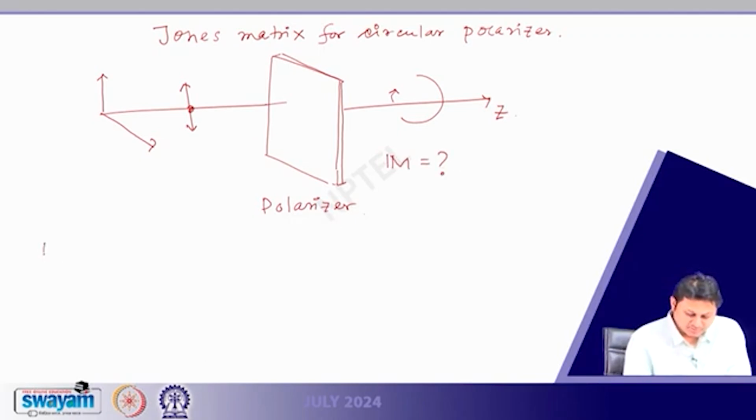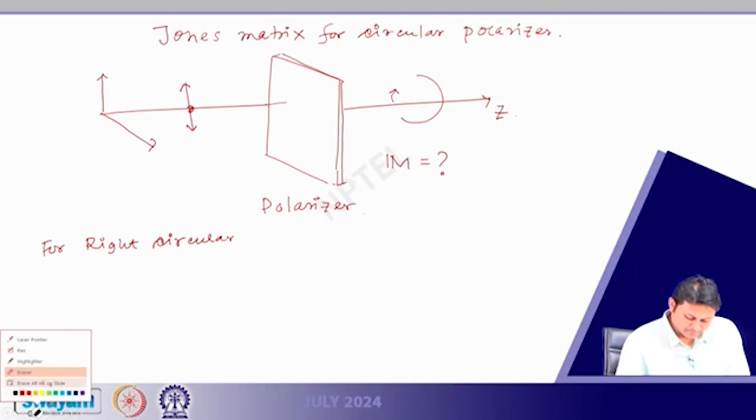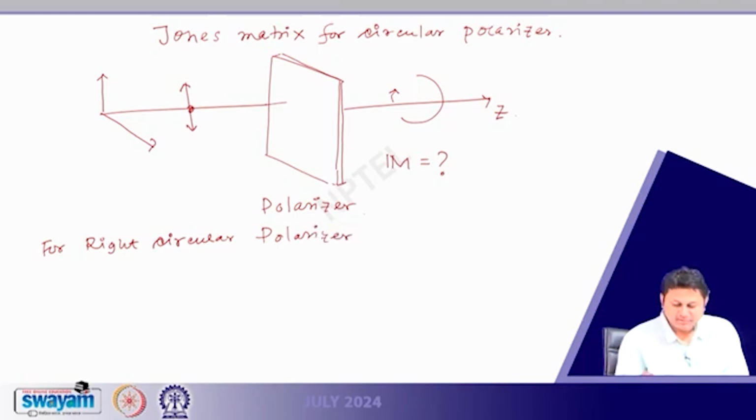So let us start with right circularly polarized light. So right circular polarizer is the polarizer that makes any arbitrary polarization into right circular polarization.